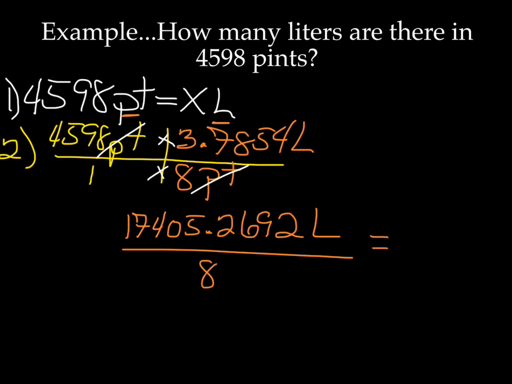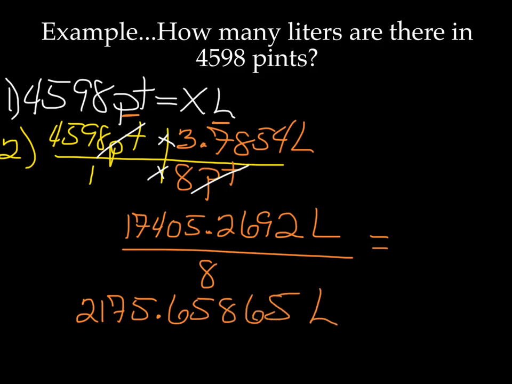When you're dividing, something looks like a fraction, which number goes in the calculator first? The top one. So then I end up with 2,175.65865 liters. Okay, the last thing we need to do now is figure out the number of Sig Figs.